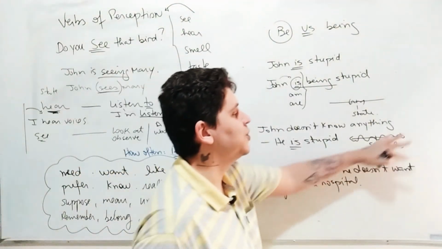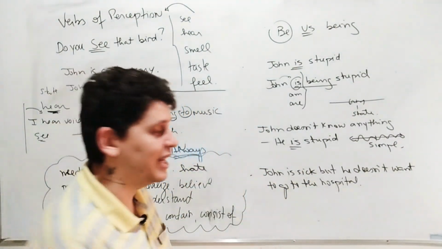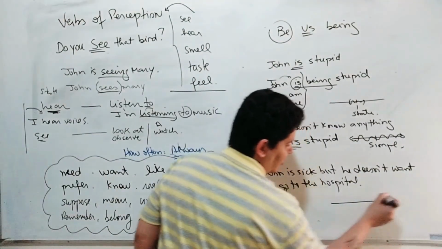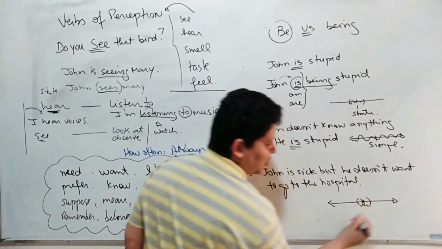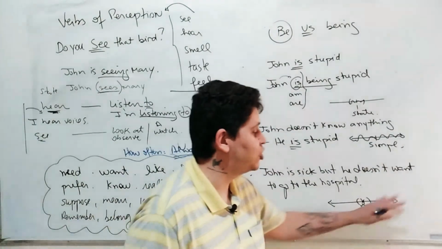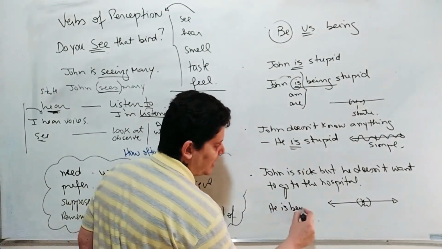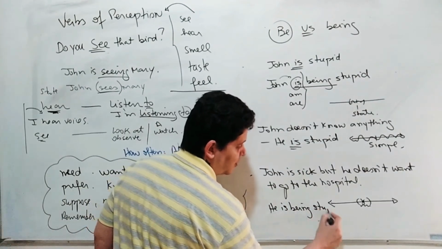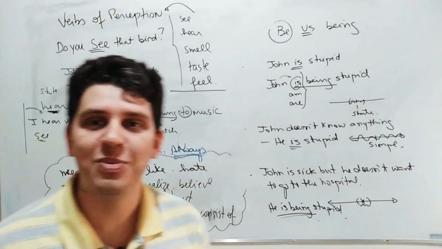I'm not saying that John is stupid all the time, but at this moment he is acting very stupidly. So if you think of a timeline, right now he's acting stupidly. But he's not stupid all the time, so he is being stupid. Okay? This is possible to be done with verb to be.